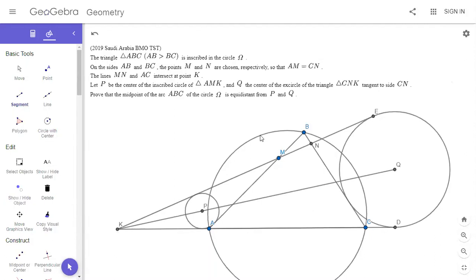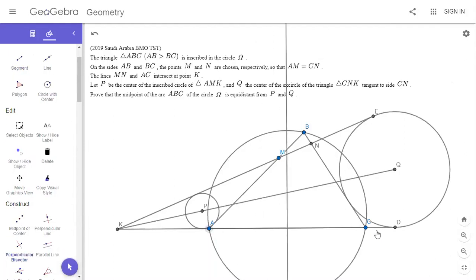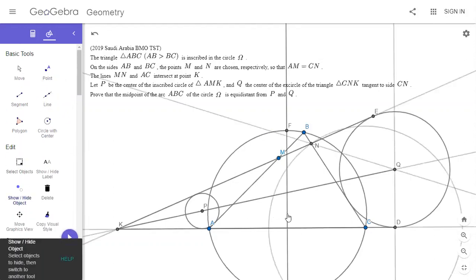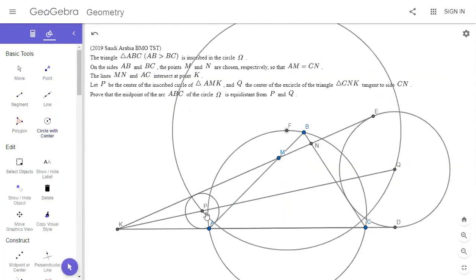P, okay, the midpoint of the arc ABC. All right, so let's draw that in. So this is the midpoint of that arc. I called it F. We want to show FP is equal to FQ. All right.